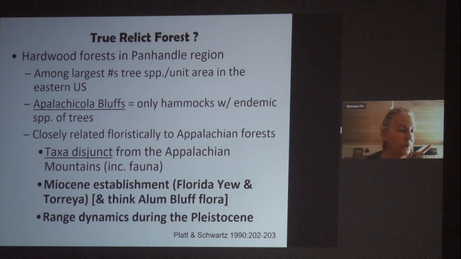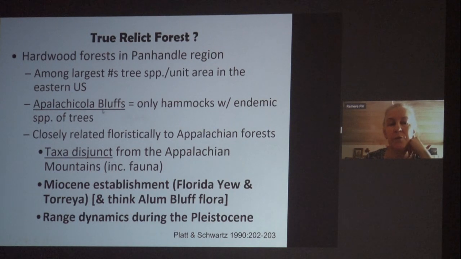Platt and Schwartz describe this flora generally: mixed species hardwood forests of northern Florida, for example, in the Marianna lowlands, Apalachicola bluffs and ravines, and the Tallahassee Red Hills regions appear unusual among southern hardwood forests, as they seem to be almost captured in time. They have among the largest numbers of tree species per unit area in the eastern US.